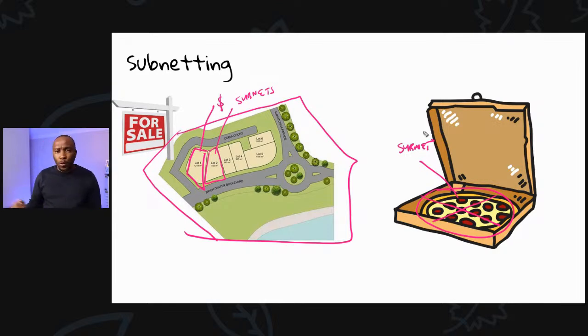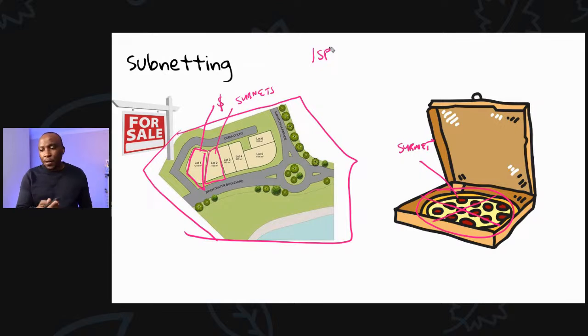Remember we spoke about the fact that there are routable IP addresses which can talk on the internet, and then there are private IP addresses which are not routable on the internet. So in order for you to go online, you need to get a public IP address. Most of the time you go to your internet service provider and ask them for a block of IP addresses that can allow you to go to the internet.